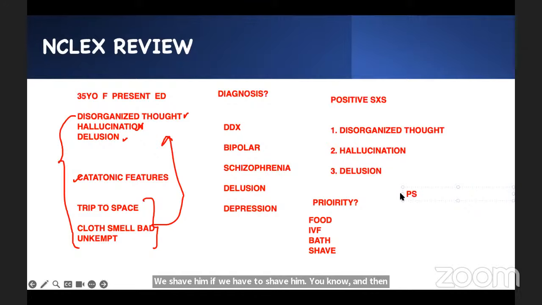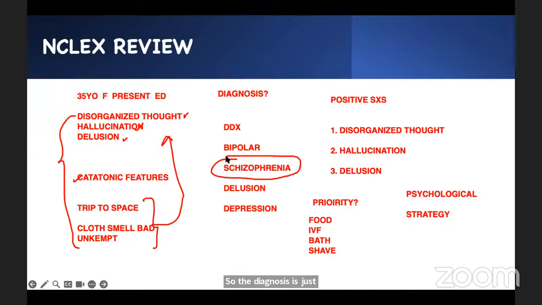What is your strategy for psychological needs? So the diagnosis is schizophrenia. This patient has schizophrenia. And what is our strategy for psychological needs? It is one-on-one. You, the nurse, are the initial therapy.